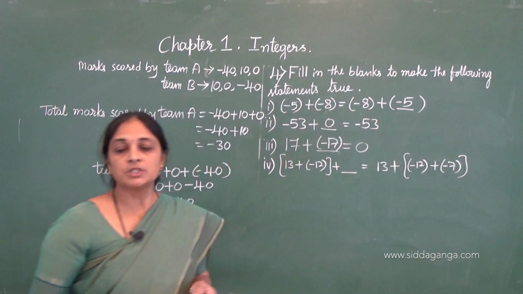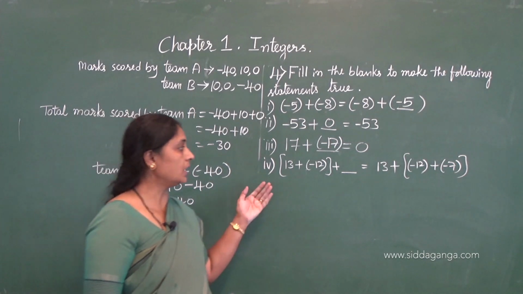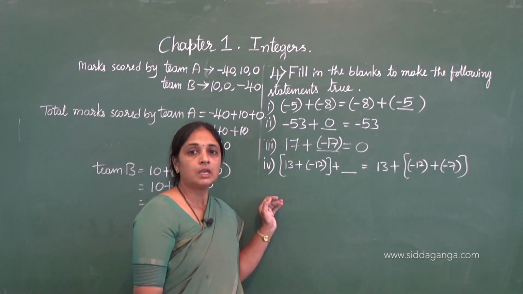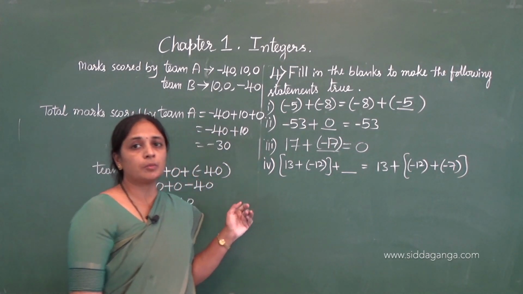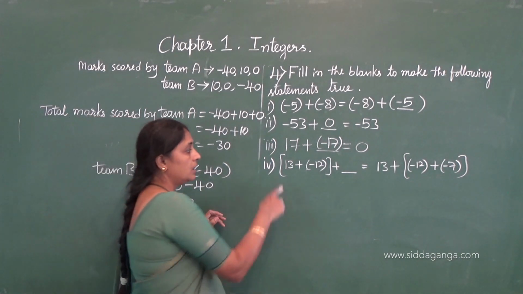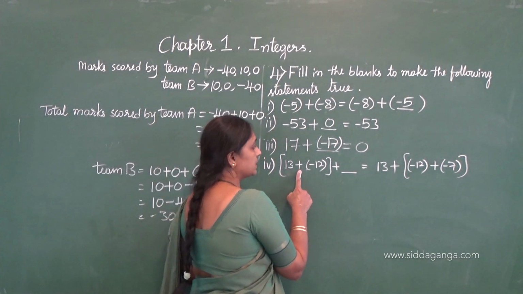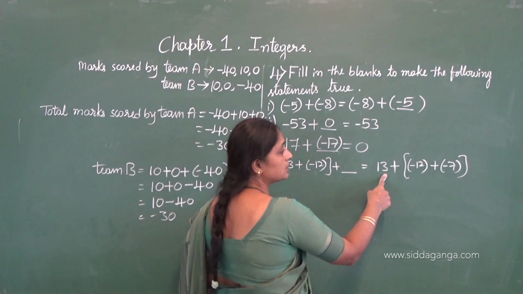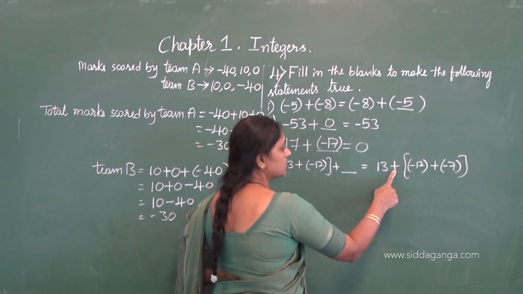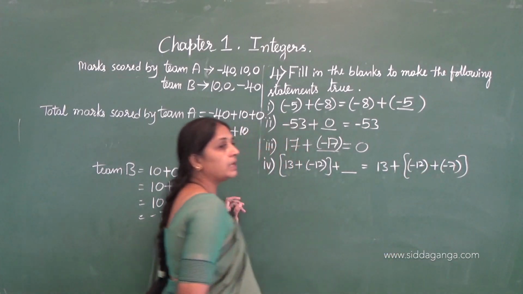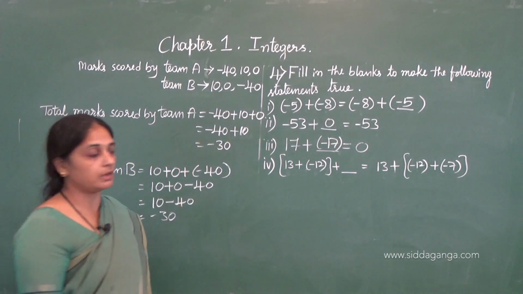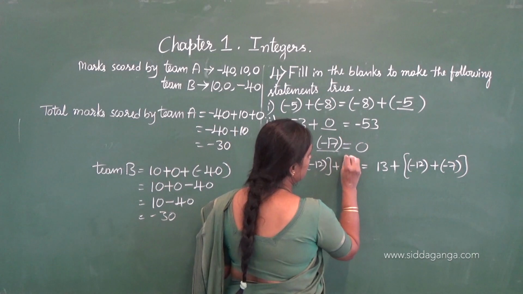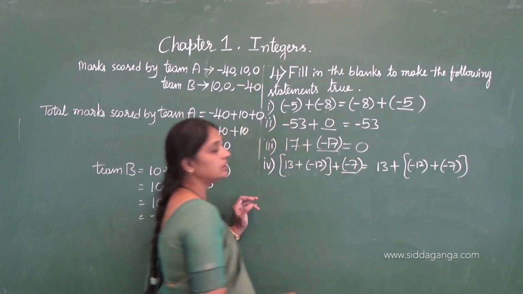Okay, what's the property used here? Associative property for addition. Okay, here we have 13 plus -12, and in the RHS also we have 13 plus -12 plus -7. Then we can fill -7 here.